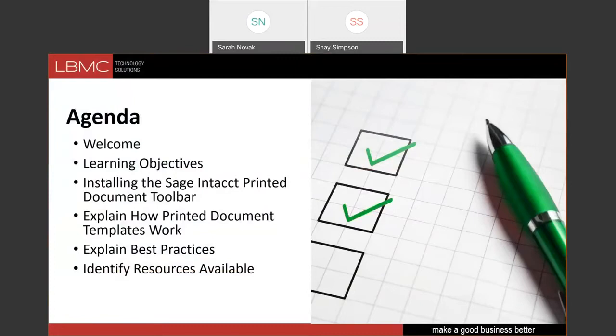Because what you're quickly going to discover is that working with the printed document templates, it's not so much a learning curve in terms of Intacct, but it's really more of a learning curve in terms of Microsoft Word. So if you've not really worked with mail merge documents or anything of such, sometimes it can be a little bit challenging to work with these printed document templates. But again, I'm going to give you some good resources and good tips to follow.